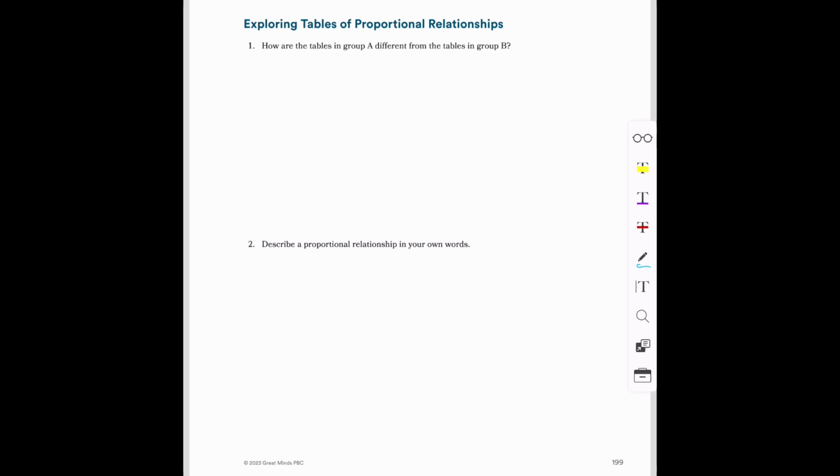The first question says, how are the tables in group A different from the tables in group B?